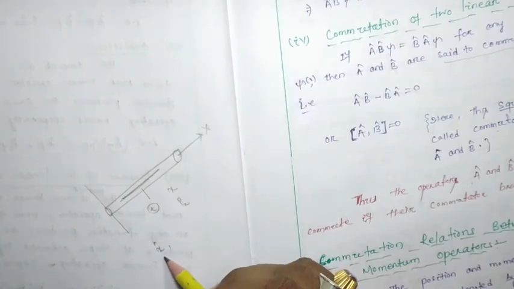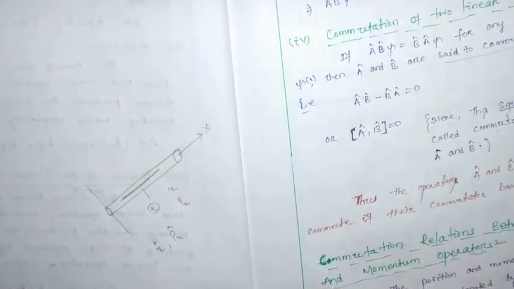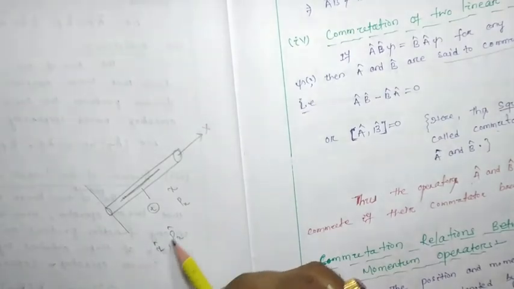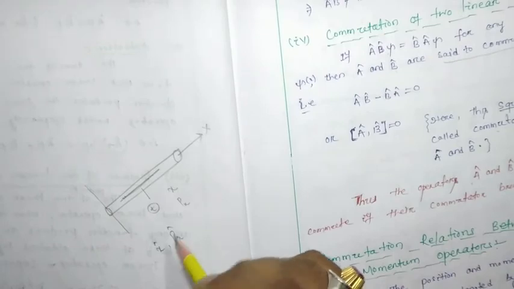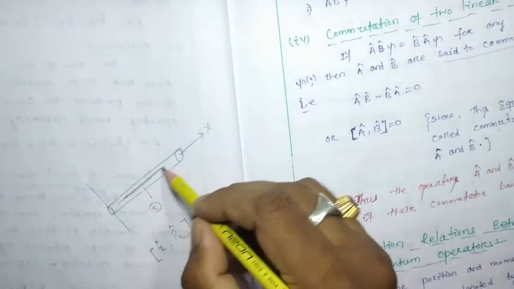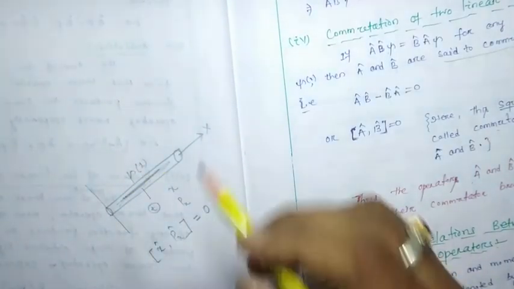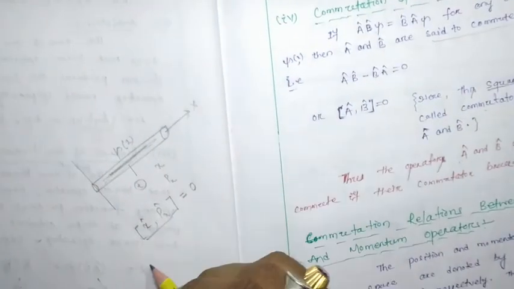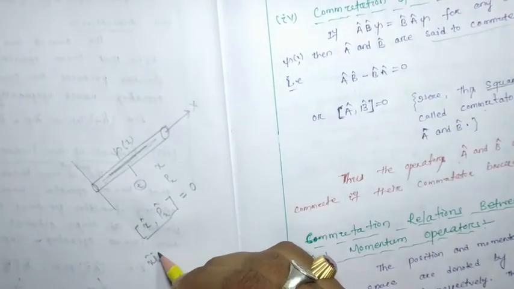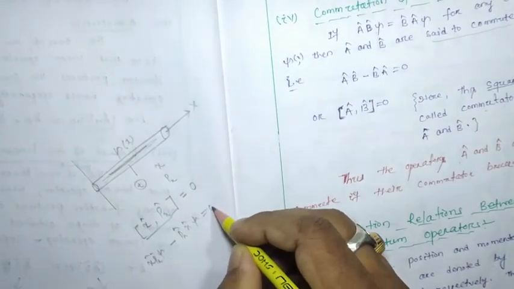Suppose x̂ is the position operator, the operator of finding the particle, and p̂x is the momentum operator. Both are physical observable quantities. If the commutator is equal to 0, where the particle's motion is represented by ψ(x), that means x̂p̂xψ minus p̂xx̂ψ will be equal to 0.